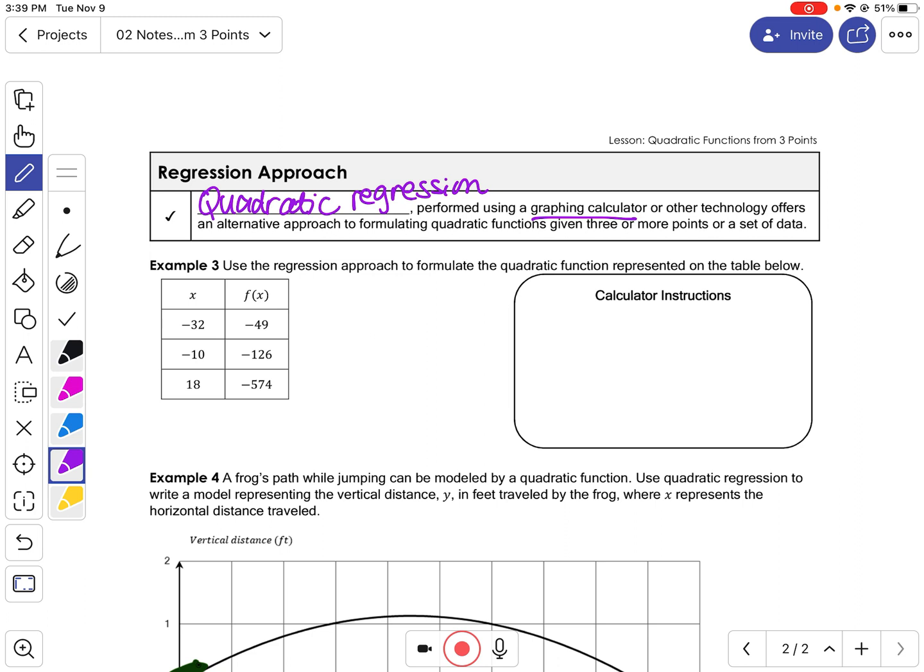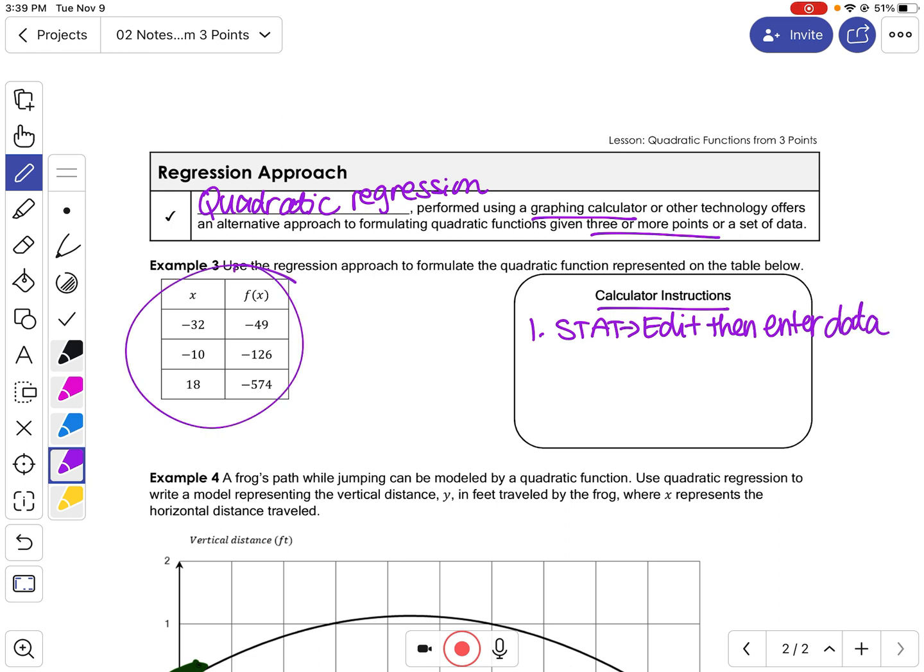We're going to be given 3 or more points, and then we're going to use that data in order to find our solution. So first thing I want to do, I'm going to go ahead and write down my calculator instructions for our calculator that we use in class or the one on the iPad. So first step is to go to Stat, Edit, and then you're going to enter your data.